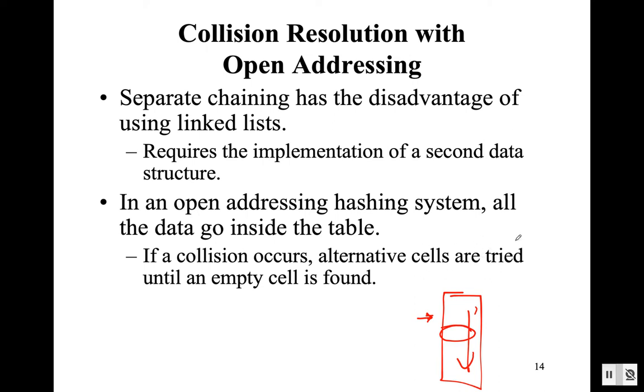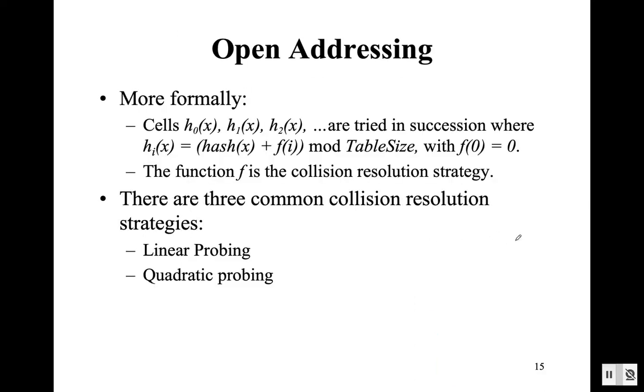So let's see what we are going to do. For the usual hash function we have h of x is x mod 10. For open addressing we are going to slightly modify this function.